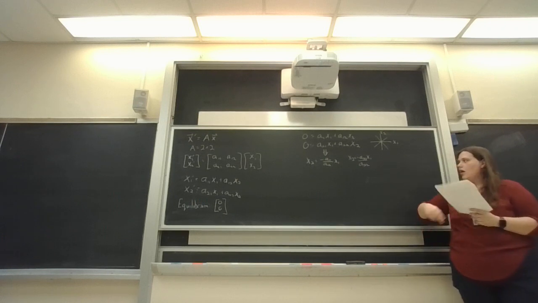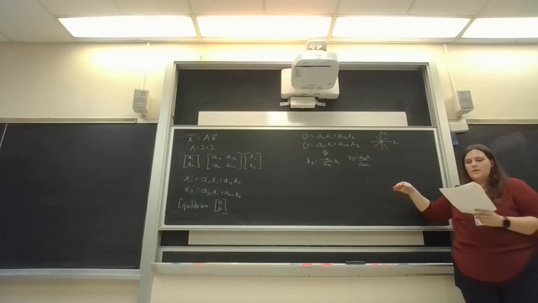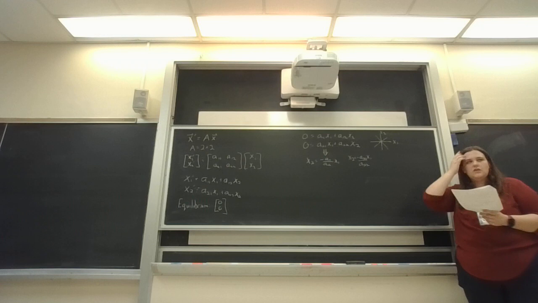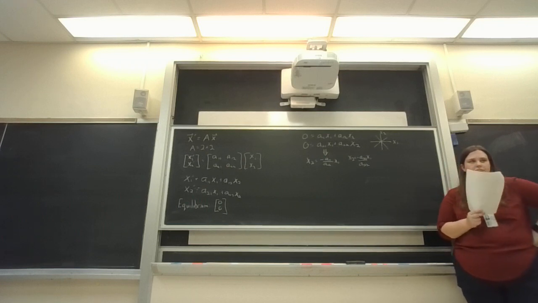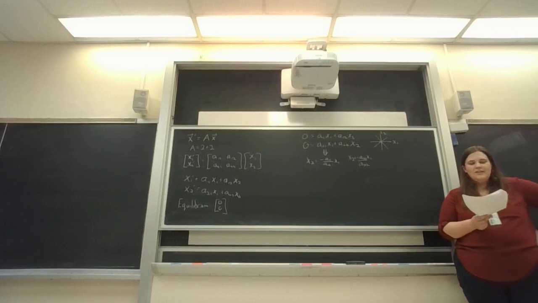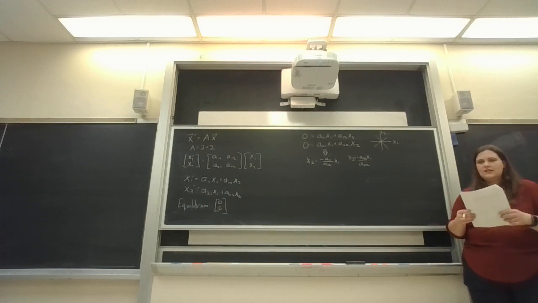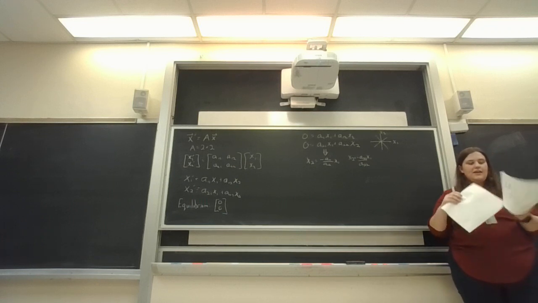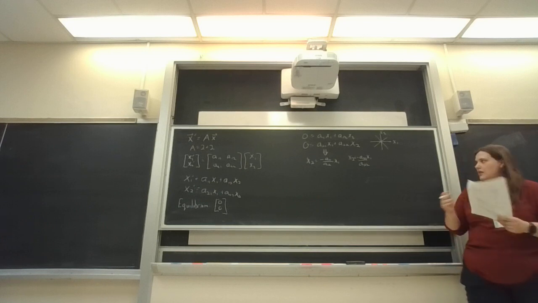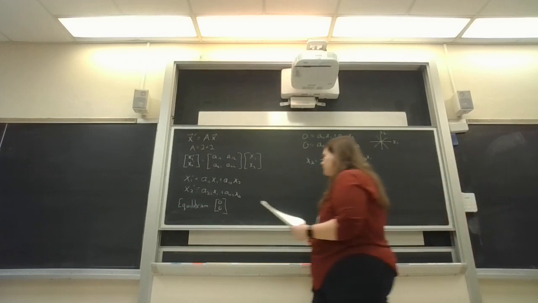When we were talking about this equilibrium value, what are some things we used to discuss it? Classification. Yeah, we classified it. We found the eigenvalues, and then we discussed how the eigenvalues affect the equilibrium value.